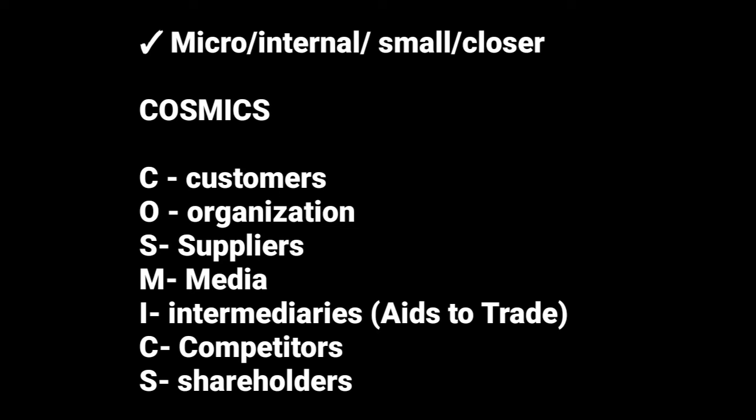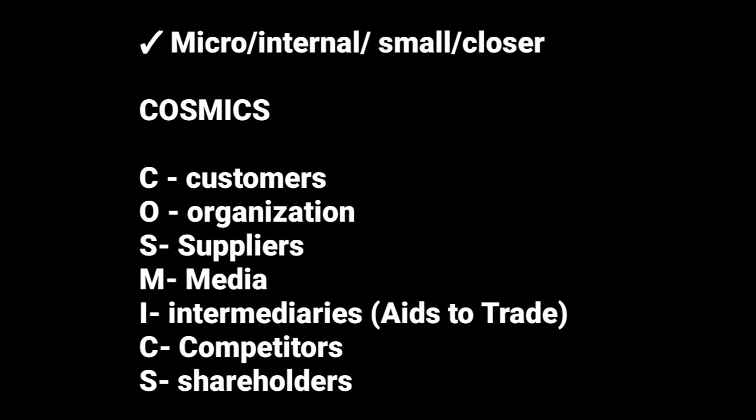Then the second category is called the micro, also known as the internal, or small, or the closer environment. And this one has a formula of COSMIX, whereby C is for customers. Here we are mainly talking about the external customers that are outside the organization. Unlike the macro, the business has control over these. They can influence them.